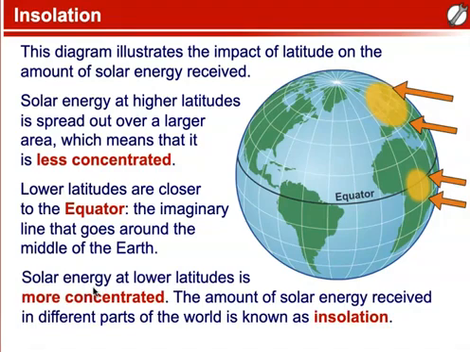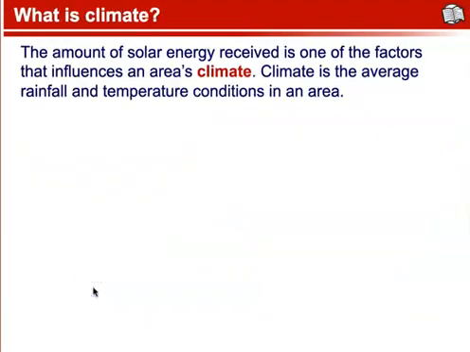Solar energy at a lower latitude is more concentrated. The amount of solar energy received in different parts of the world is known as insolation. So when you hear the term solar insolation, we are talking about the amount of solar energy that is received in that area of the planet.